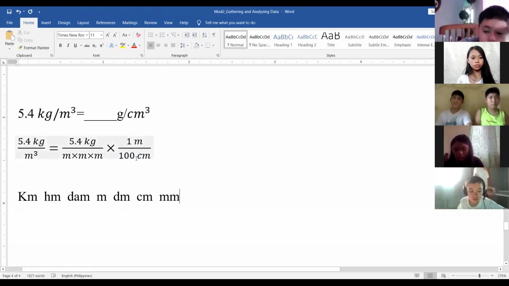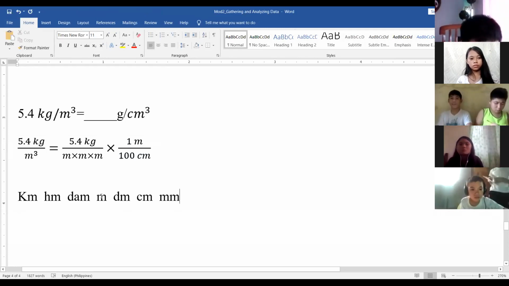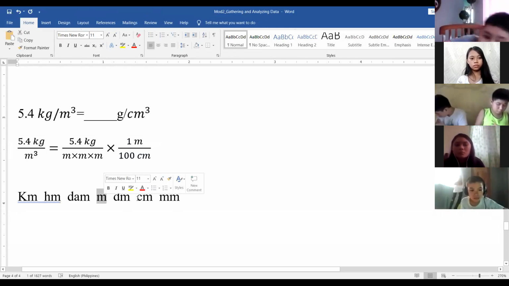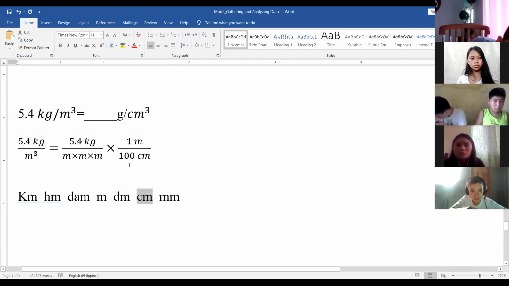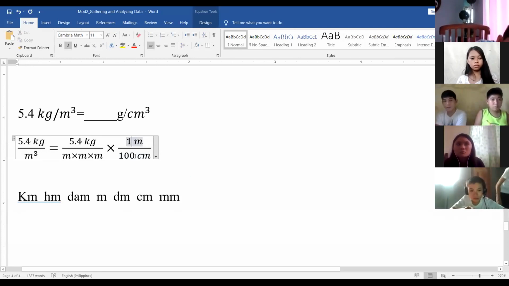If we convert meters to cm, 1 meter equals how many centimeters? We move the decimal point 2 times to the right, making it 100. You get it? For 1 meter to centimeter.